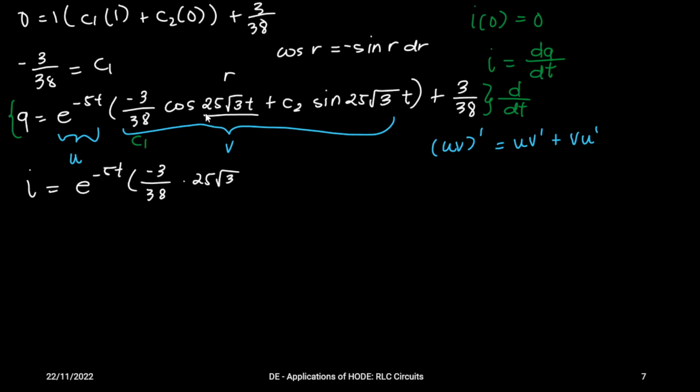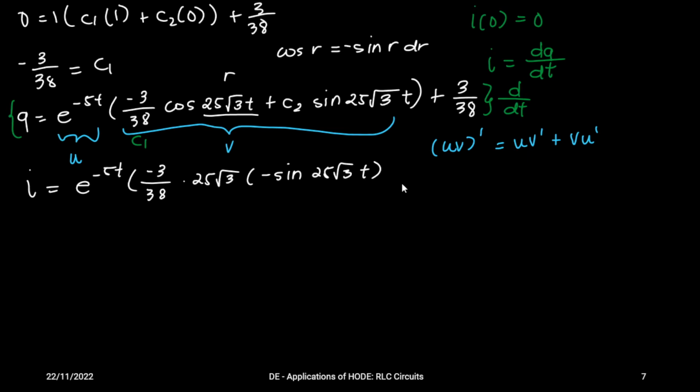So, dr is the derivative of r. The derivative of 25 square root of 3t with respect to t is just 25 square root of 3. Yun lang yung dr natin dito. Kaya nagkaroon tayo ng 25 square root of 3 dito sa unahan. Okay? So, multiplied to negative sine 25 square root of 3t still.